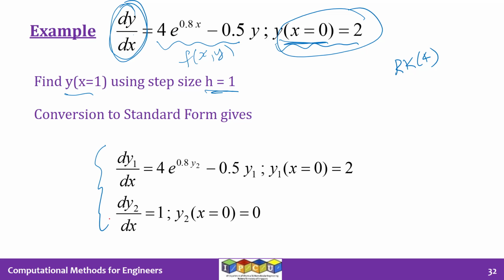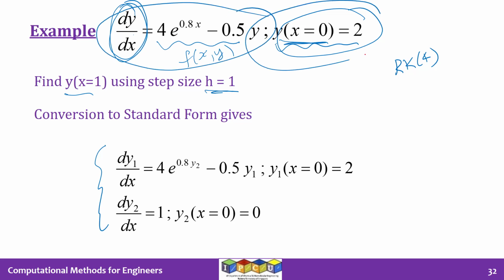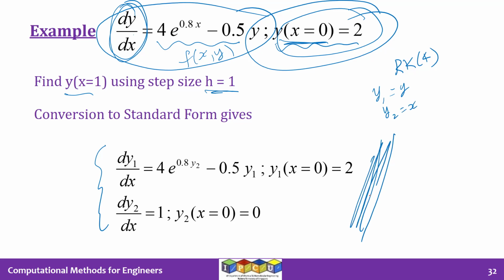We have already discussed this in an earlier exercise, in a previous video, so I will not repeat it. Kindly take a look at how this becomes this in terms of new symbols y1 and y2. Basically, I have defined y1 to be y and y2 to be x. Doing that will lead us to this particular case.